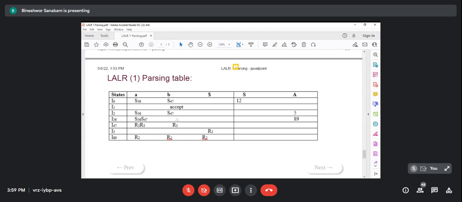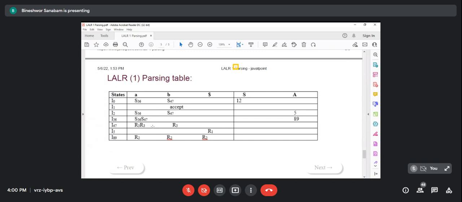Then I47. In place of the reduce move, we don't have to change anything. In a reduce move, this 3 refers to the particular production number, right? So it doesn't have to be 36 or anything else. In shift and goto, we have to change things.